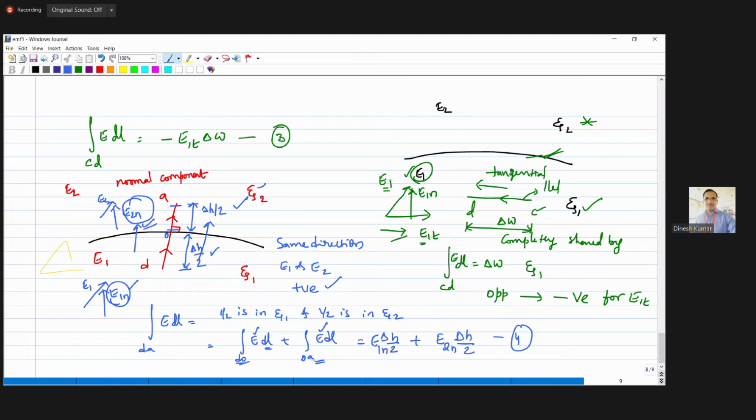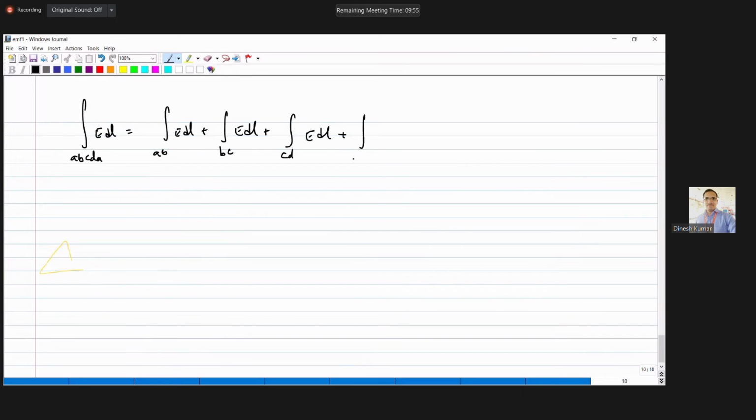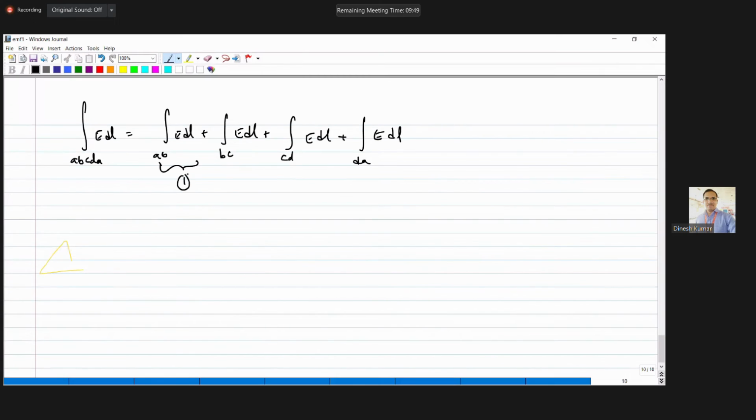So finally, we have got all the values. The closed integral ABCDA of E dl is the integral AB of E dl plus the integral BC of E dl plus the integral CD of E dl plus the integral DA of E dl. These are our equation 1, equation 2, equation 3, and equation 4.